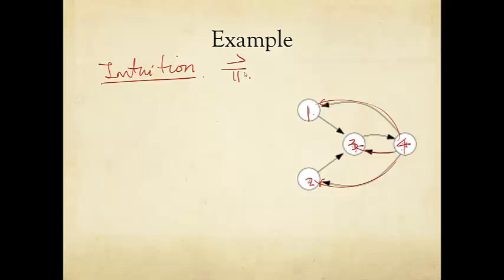Here's one particular view. We can think of nodes 3 and 4 as collectively acting like a supernode. Let's call this supernode 3 plus 4. And here's node 1, here's node 2. 1 points to supernode 3 plus 4, so does 2, and the supernode points back.